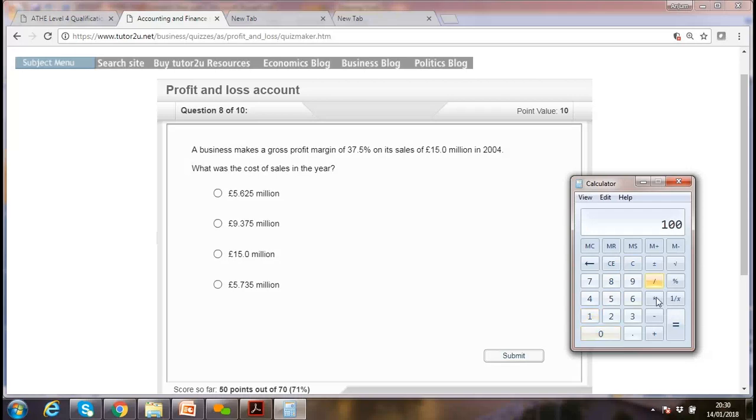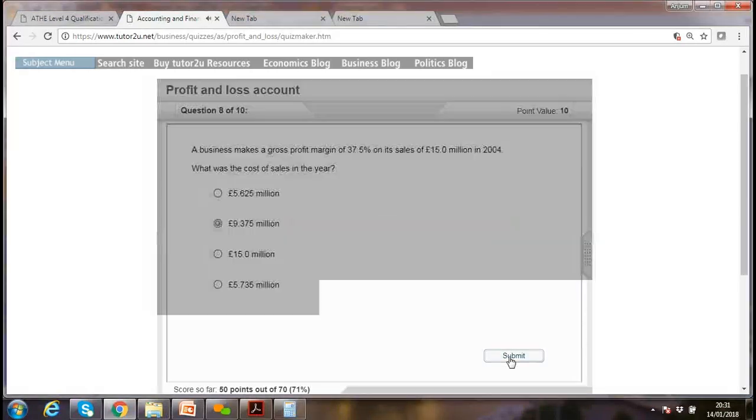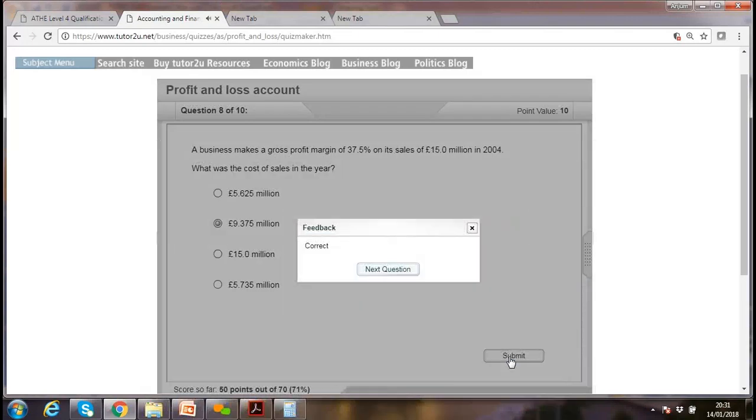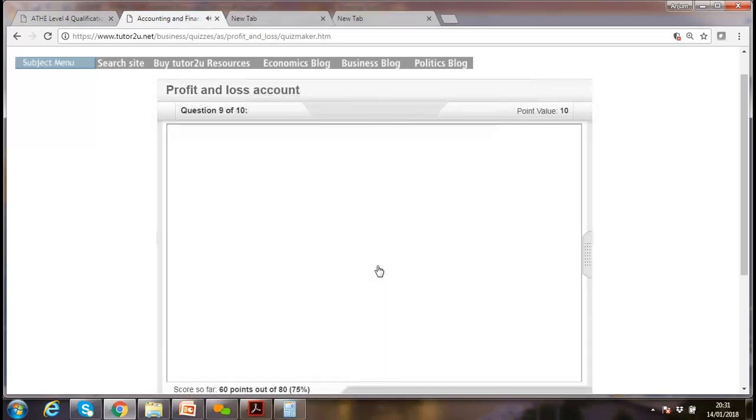If I take out profit, which is 37.5%, then 62.5% should be my cost of sales. So if I take, divided by 100, it should be, yes. So in this way, try to calculate.